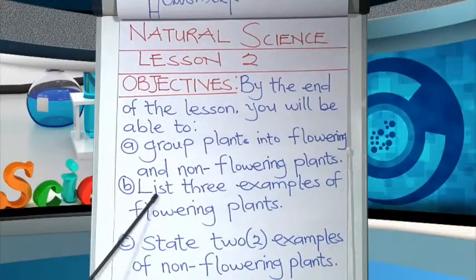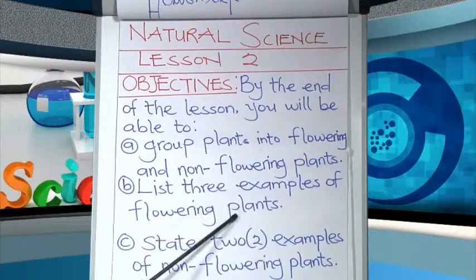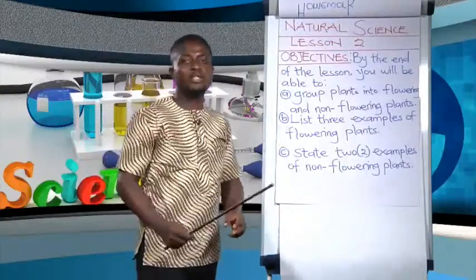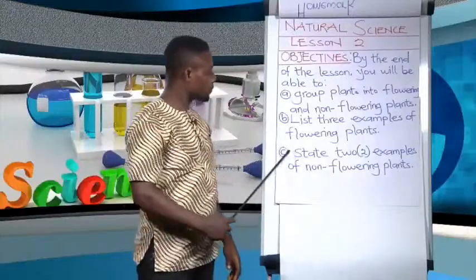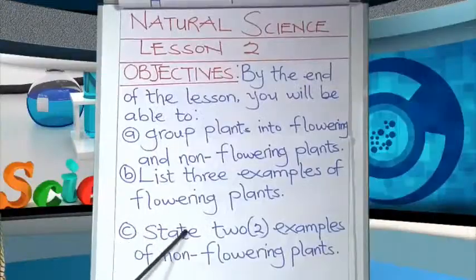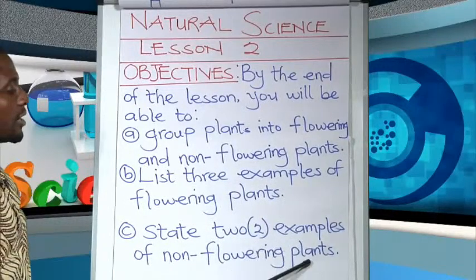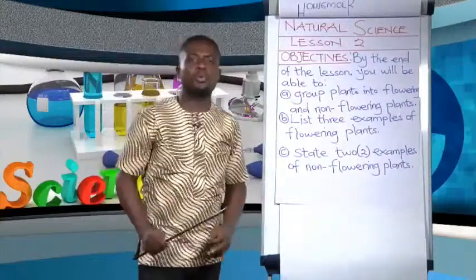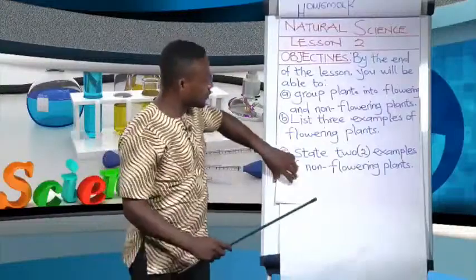B. List 3 examples of flowering plants. So it means the flowering plants, we are only going to mention only 3 of them. Good. C. State 2 examples of non-flowering plants. This one also we are going to mention only 2 examples of non-flowering plants. Good.